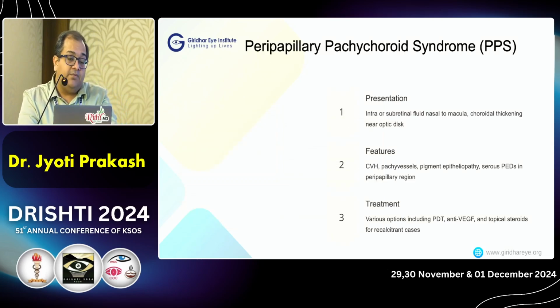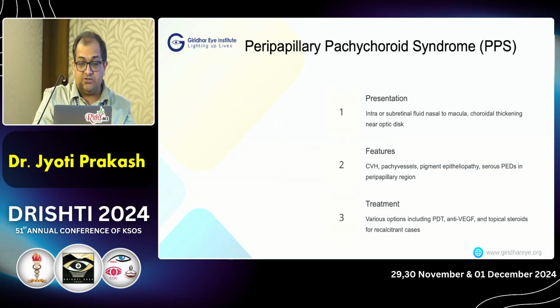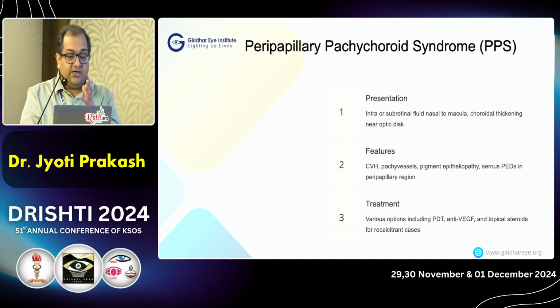Another characteristic feature, the fourth element seen here, is peripapillary pachychoroid syndrome. It's called the PPS. It has typically been defined as an occurrence seen in the contralateral eyes of patients with CSCR, and generally it is seen nasal to the macula with choroidal thickening near the optic disc.